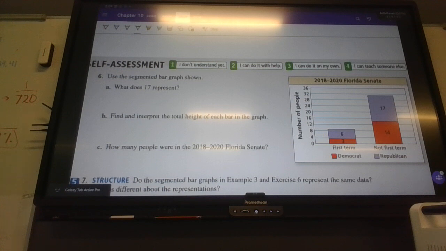Haley, what do you think the 17 represents? Oh, are you writing? What's the 17? The purple.